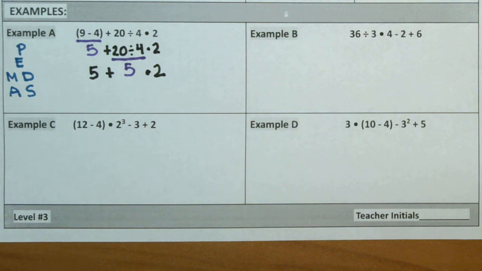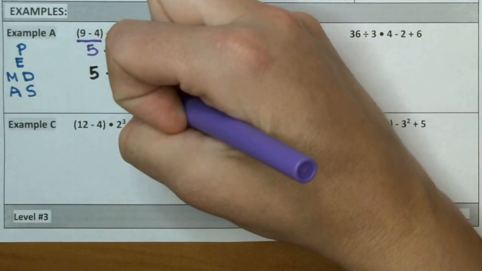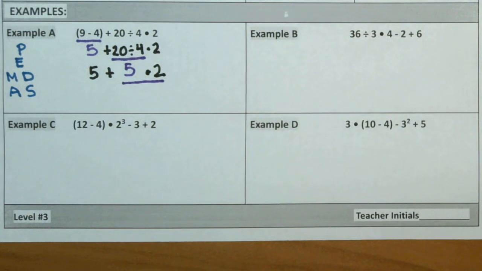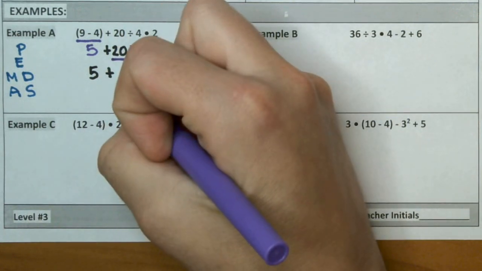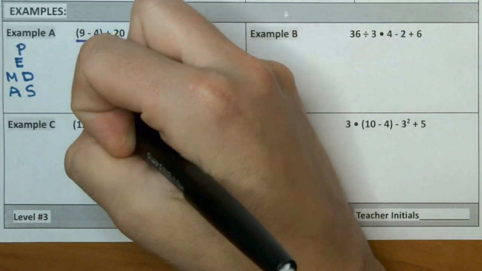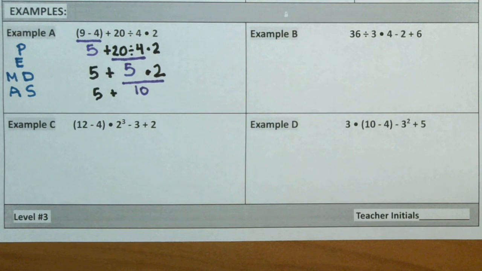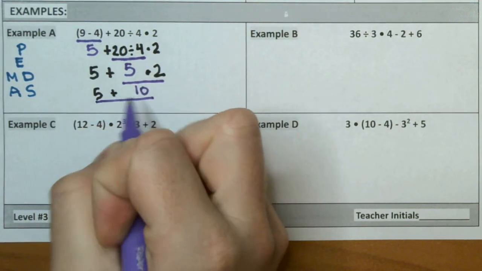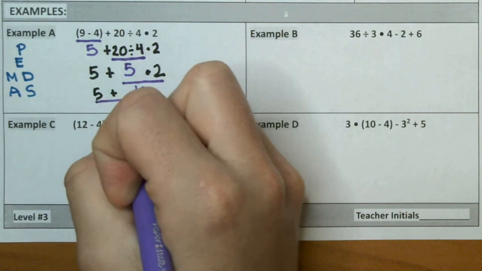Well, multiplication is. So I'm going to underline 5 times 2, write my answer beneath, 10, bring down the plus, bring down the 5, and then our last step is 5 plus 10, which is 15.